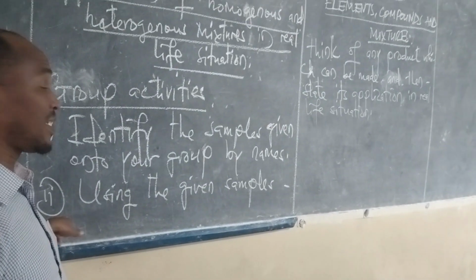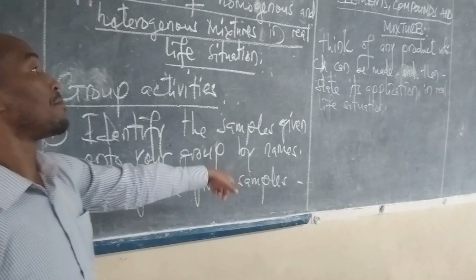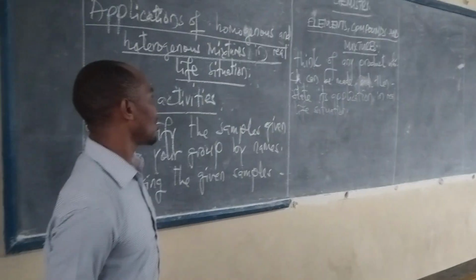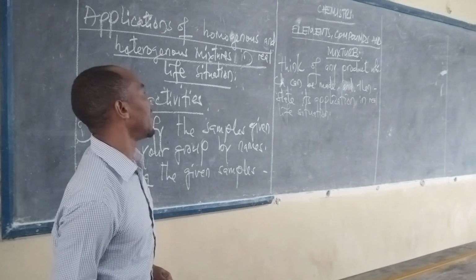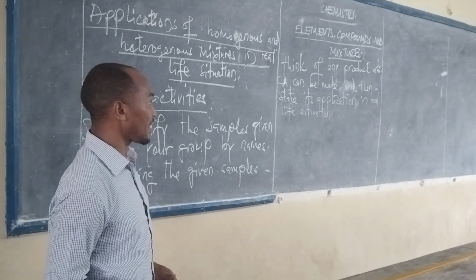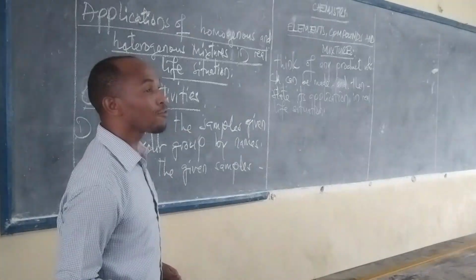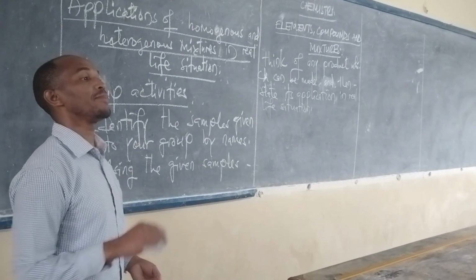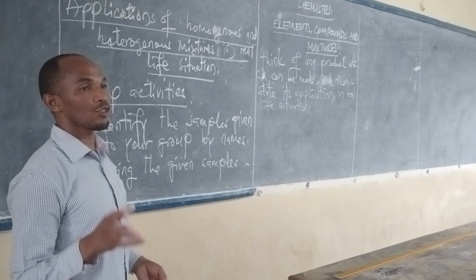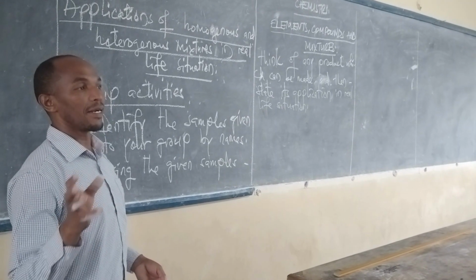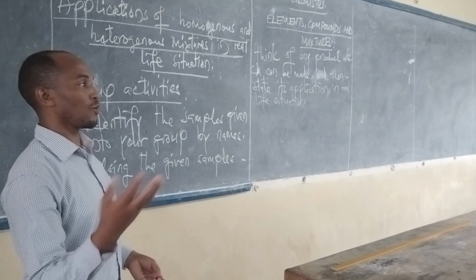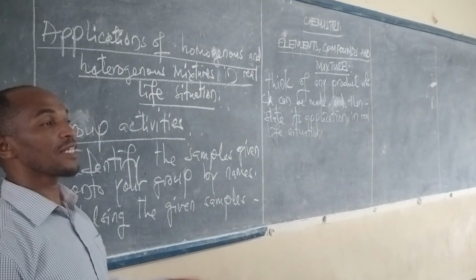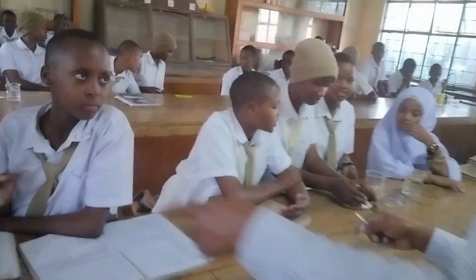The second activity, using the given samples, think of any product which can be made and then state its application in a real life situation. We have only 5 minutes, so try to use them effectively, then discuss and share with your friend. Finally, we will have time to present here before the class.